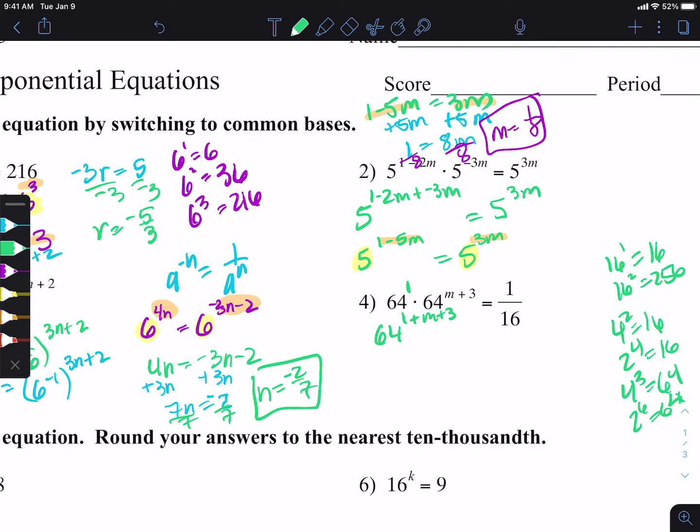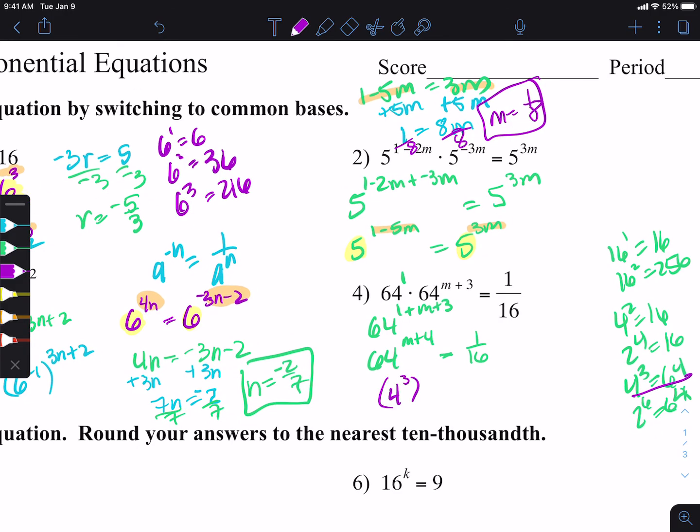And when you're multiplying, you add the exponents. So we have 64 to the m plus 4 equals 1 over 16. Now I'm going to rewrite both of them as powers of 4. Our 64 was really 4 cubed, but that's still being raised to the m plus 4. And our 16 is really 4 squared.